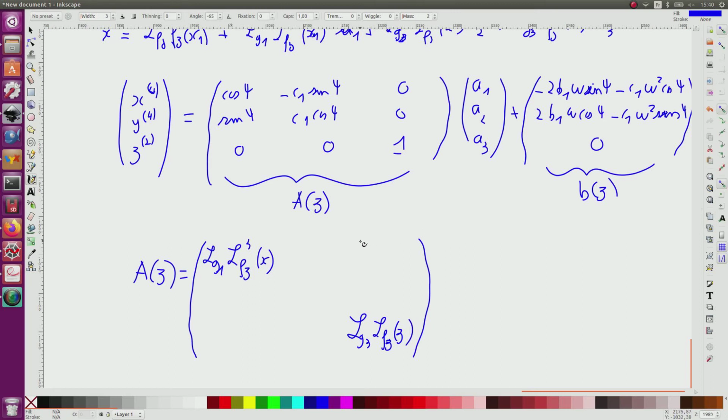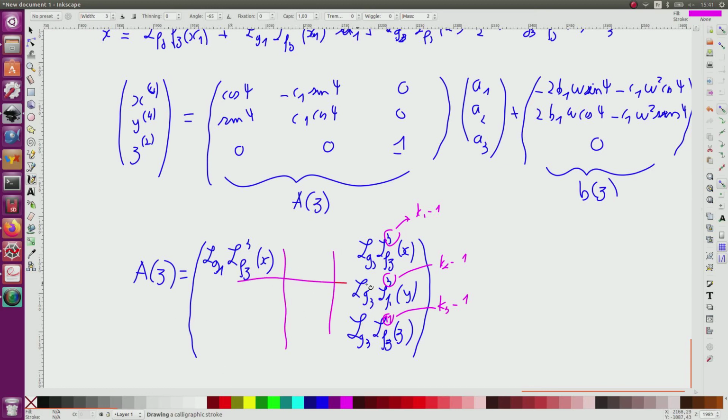Here I also write L_{g3} L_f of x, 3 here, also here, L_f of y derived twice. I put here a 3 and here a 1 because it corresponds to k1 minus 1, here k2 minus 1, and here k3 minus 1. This is why you see here I have a 1 only. So I have 3 lines and 3 columns.